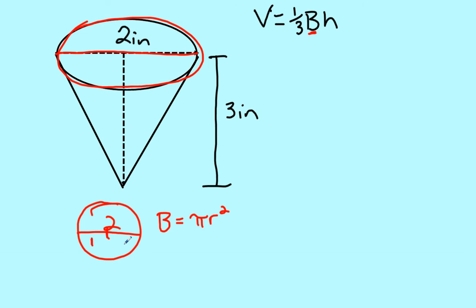So that'd be 1 on the left, 1 on the right, a radius of 1. So 1 squared times pi. Let's use 3.14 just for fun. Okay, 1 squared, 1 times 1 is just 1, times 3.14 is really easy. That's just 3.14. And that is the area of our base.